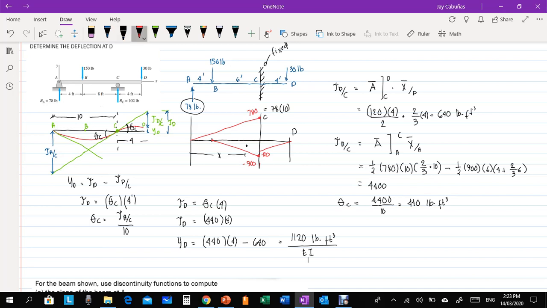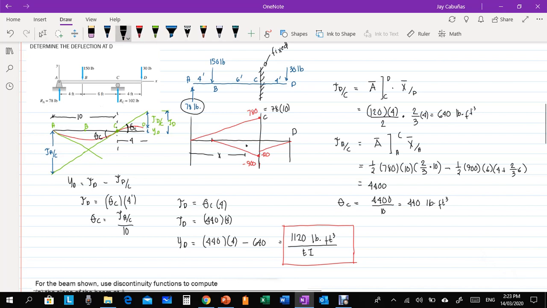So this is now our Y deflection at point D. Again, it is positive. Why is it positive? Okay, this positive means it is upward. Right? Upward is our, the assumption is right, correct?